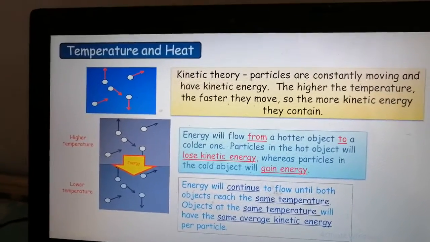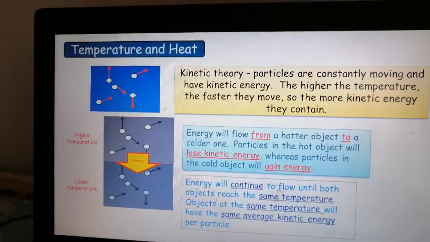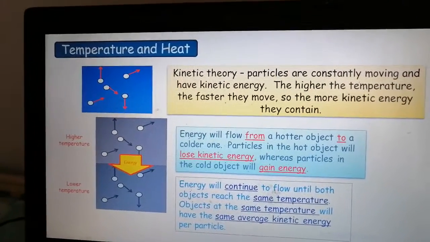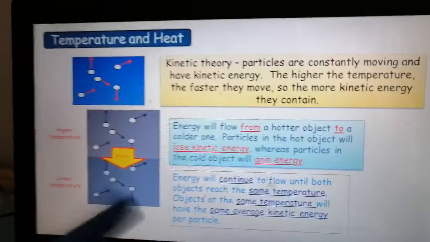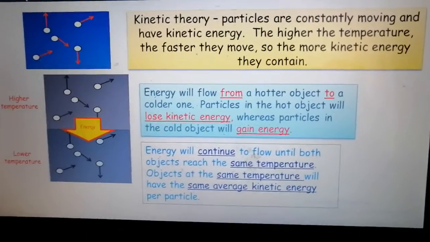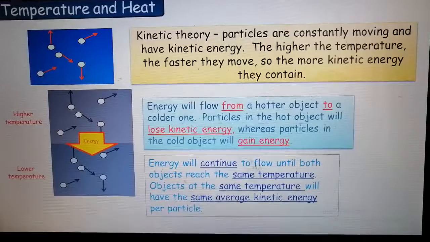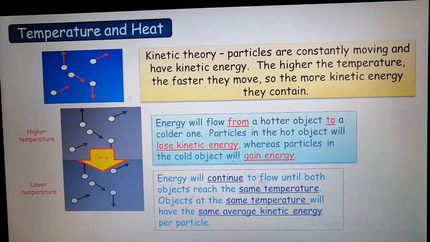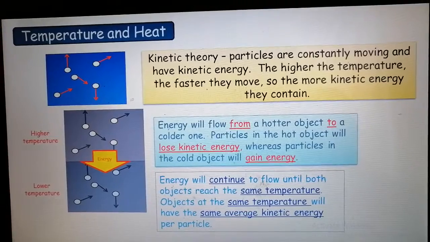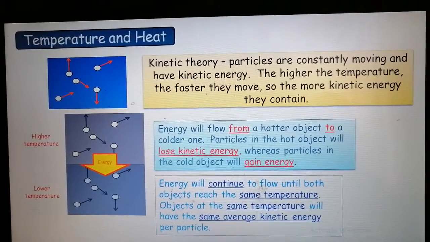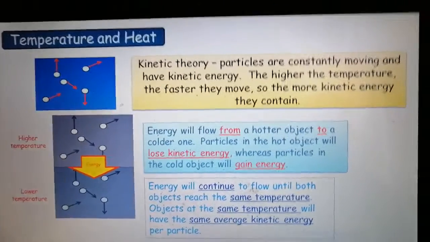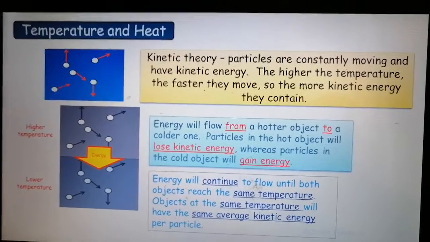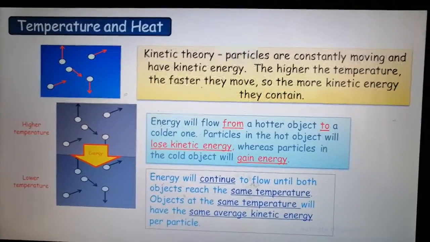So the cool surrounding just now gained energy from the hot water. Look at here. Energy will continue to flow until both objects reach the same temperature. Objects at the same temperature will have the same average kinetic energy per particle. After they reach the same temperature, we call that thermal equilibrium.